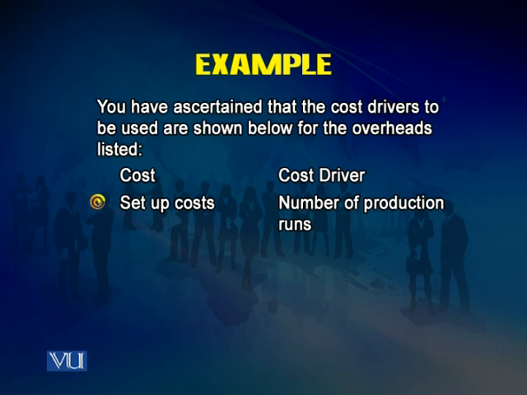The costs are going to vary every time a production run is going to be performed. A production run is simply production activity for one batch. So every time there is a new batch or a new product, there is going to be a new production run. So the number of production runs will be the cost driver for setup costs.